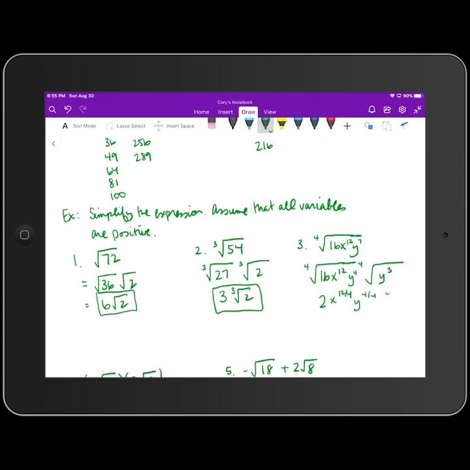And then we're left over with the fourth root of y cubed. So that gives me 2. X to the 12 over 4 power is x cubed. Y to the 4 over 4 power is y. And that leaves me with the fourth root of y cubed. So that right there is that expression simplified completely.